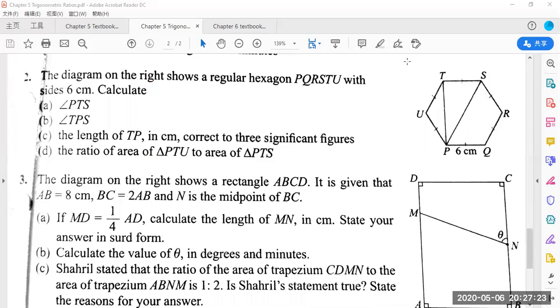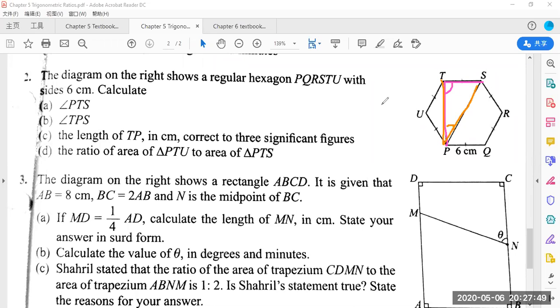We plot the angle PES, so P, E, and S. This angle we need to find, and then angle TPS.